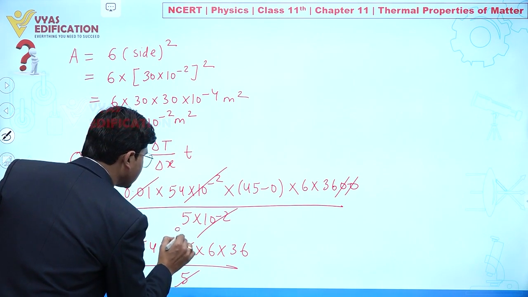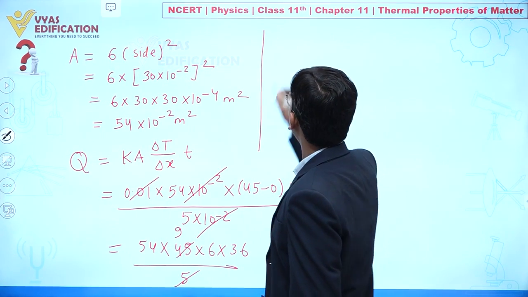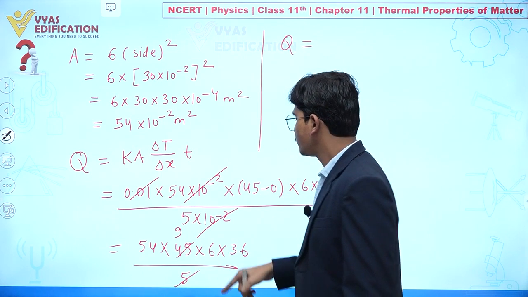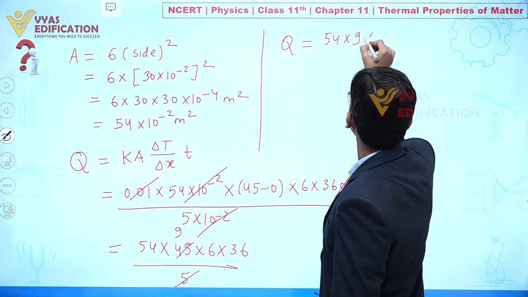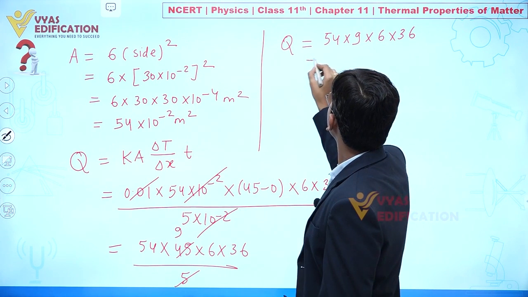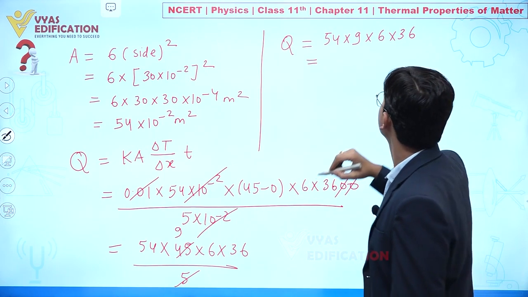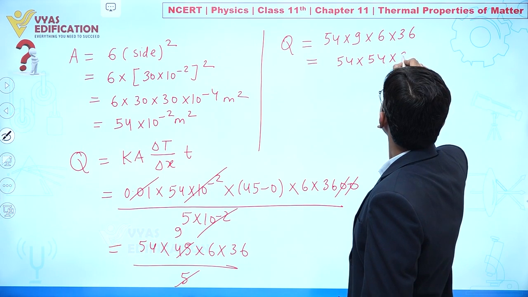So from here this is 9. So value of Q is given by 54 multiply 9 multiply 6 multiply 36. So if you multiply, then this is equal to what? 54 into 54 into 36.